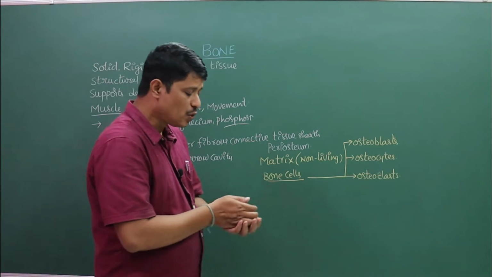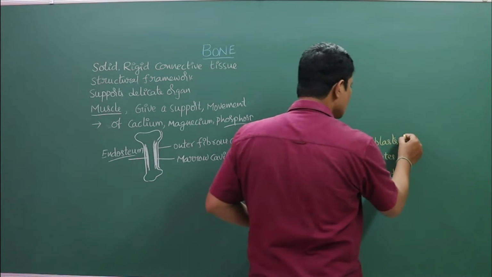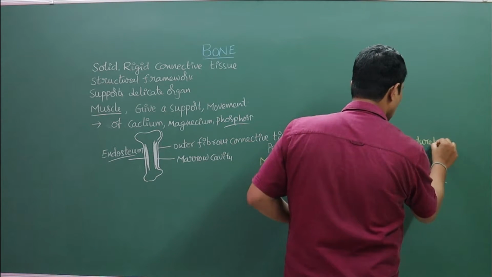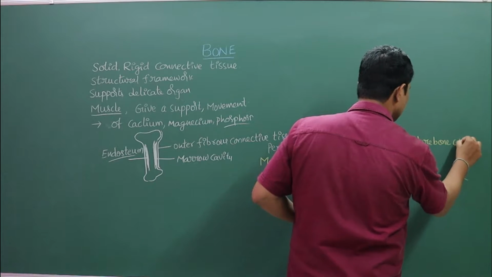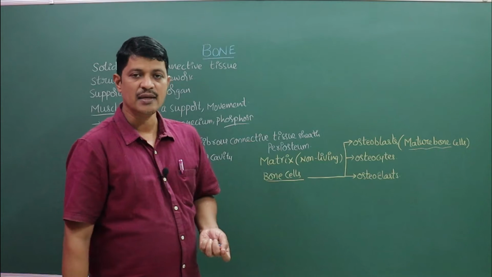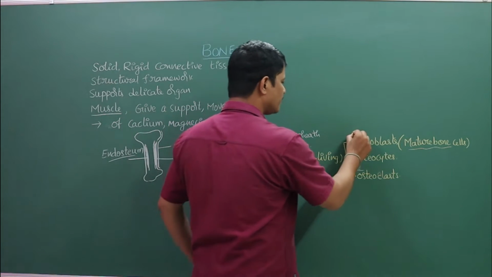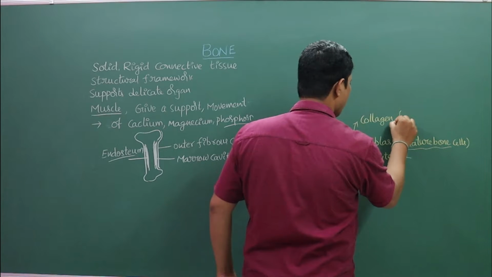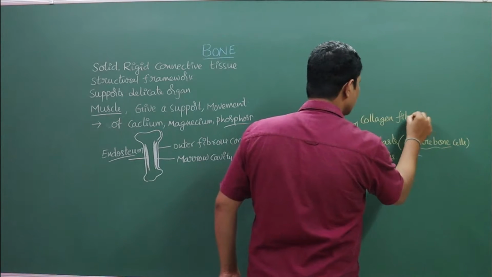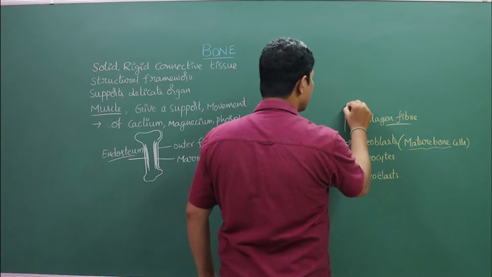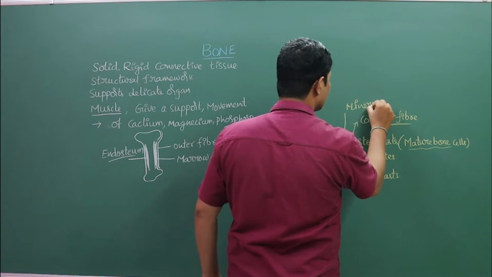Osteoblasts are mature bone cells. These osteoblasts help in the formation of collagen fibers, and also help in the mineralization process.